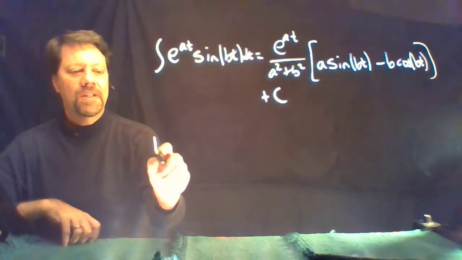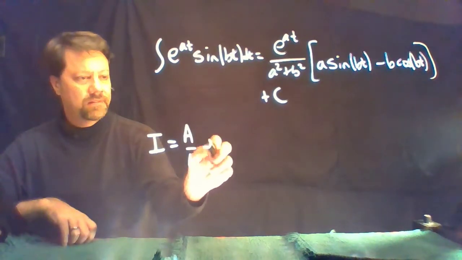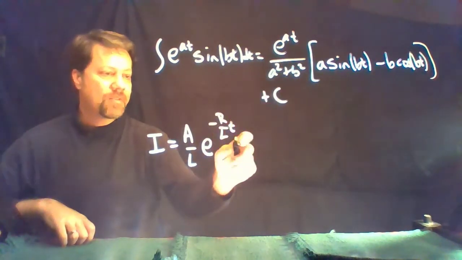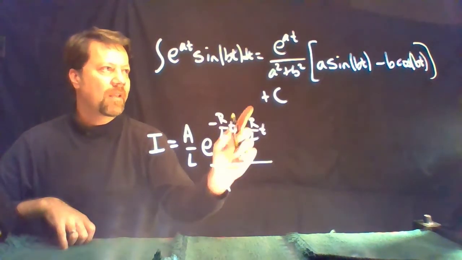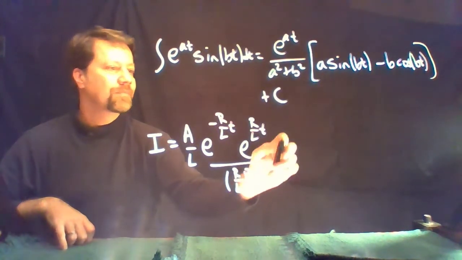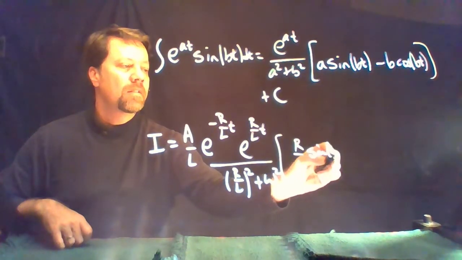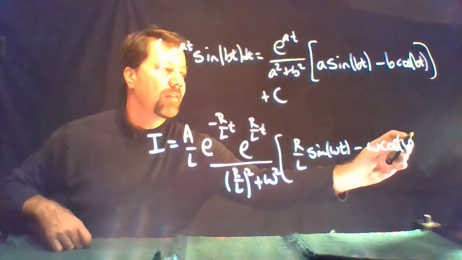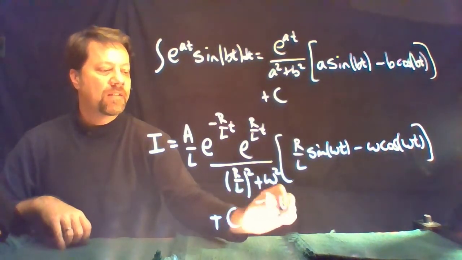From this, we deduce that the solution to the circuit problem is a over L e to the minus r over L t times the solution here, which is e to the r over L t divided by, in our particular instance, a was r over L and b was omega, times r over L sine omega t minus b, which was omega cosine omega t, plus c e to the minus r over L t.